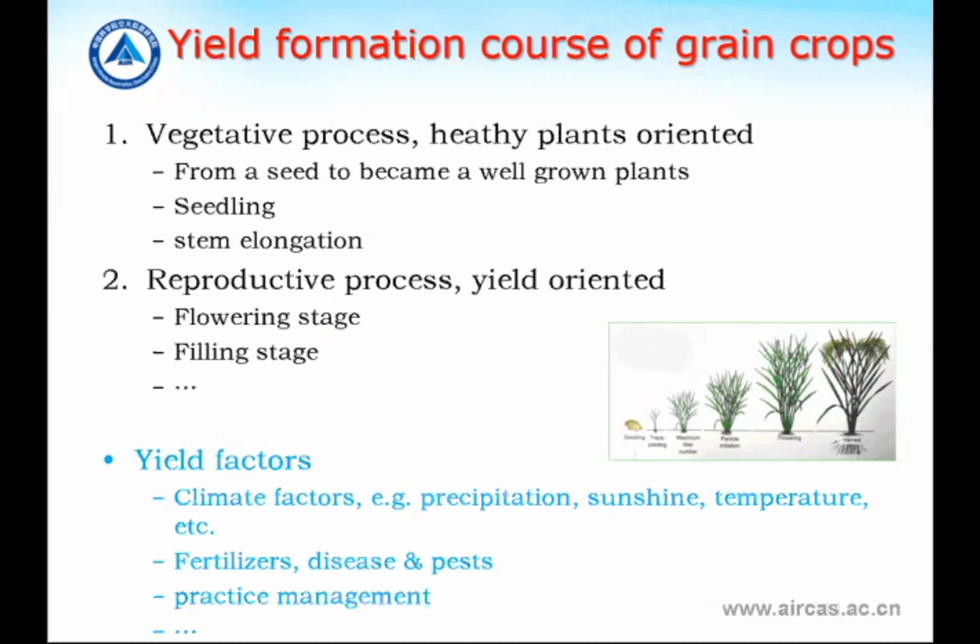And the reproductive process is yield oriented, from the flowering stage to the grain filling stage. Okay, the factors related to the crop yield involve the climate factors or the fertilizers. So for the crop yield estimation, these factors should be considered in the modeling.